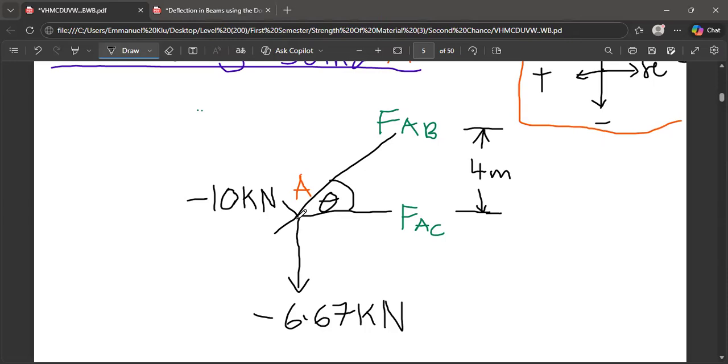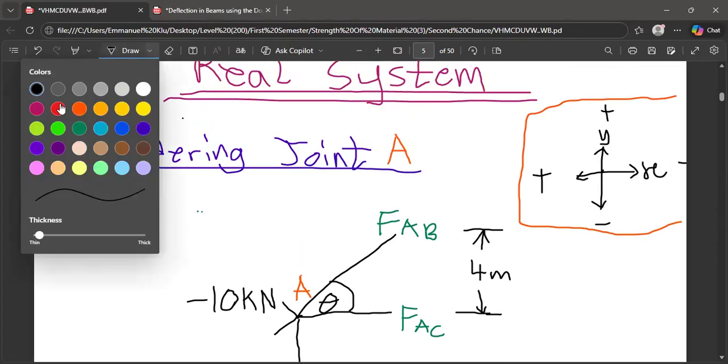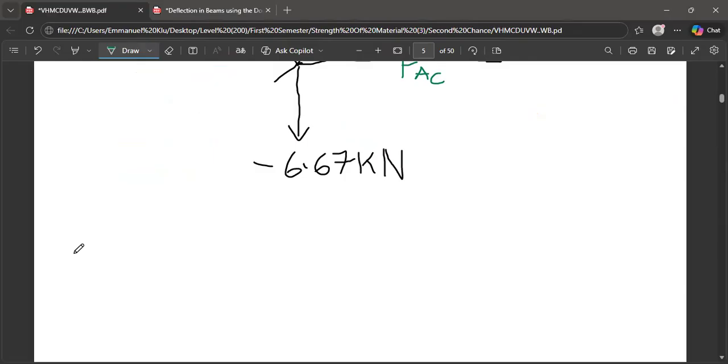Then we are going to move to a different joint later. So let's proceed. So this is for FAB.